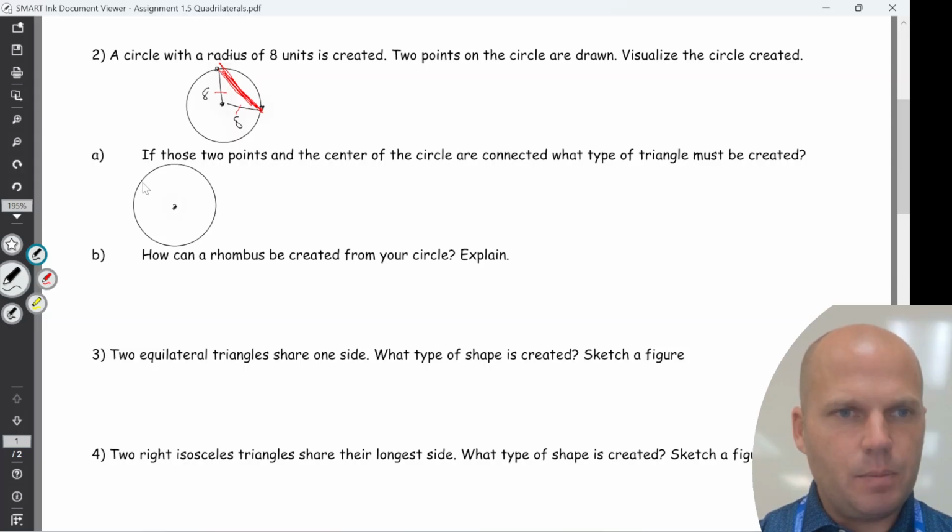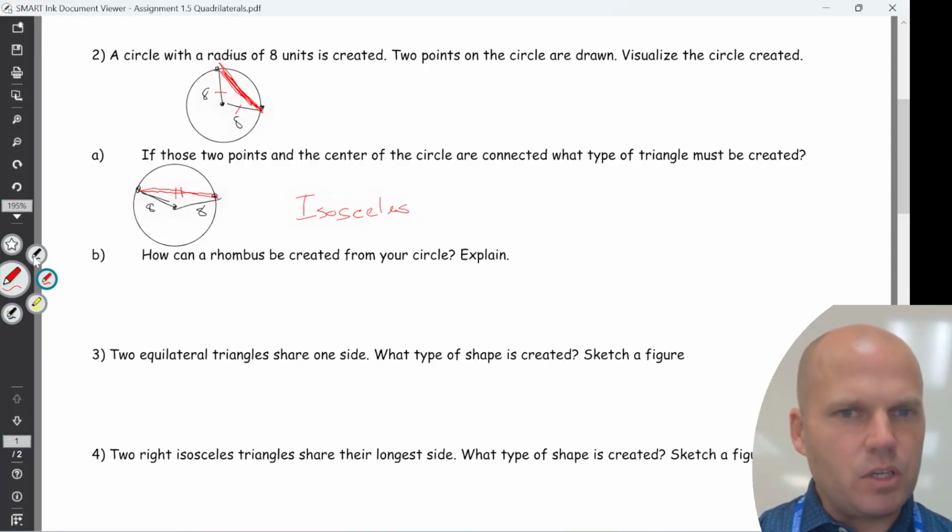If these points are more opposite of each other, further away from each other, you can imagine the third side length being different than 8. So it's an isosceles triangle.